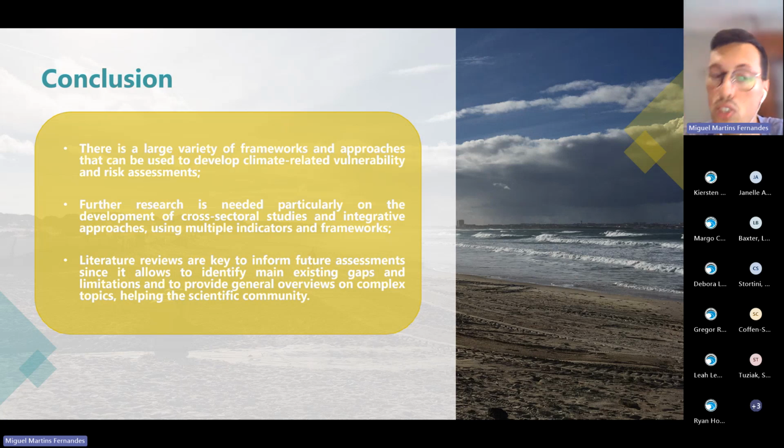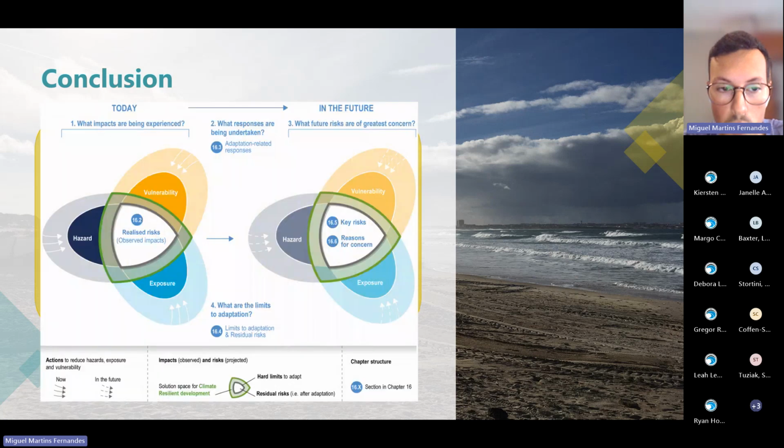But also at the time, we discovered that there was a tendency to shift this framework to the newest report of the IPCC at the time, the fifth assessment report, where they try to define risk as the combination between hazards, exposure, and vulnerability, with vulnerability constituted by sensitivity and adaptive capacity.